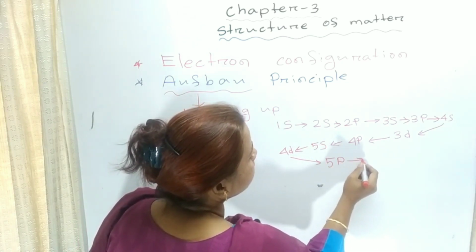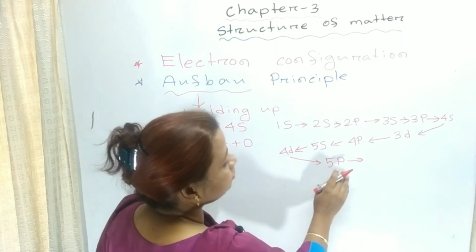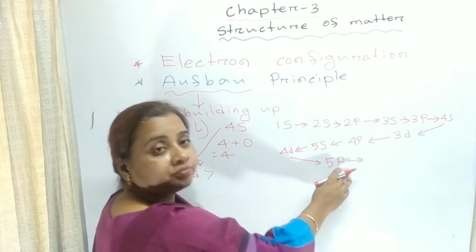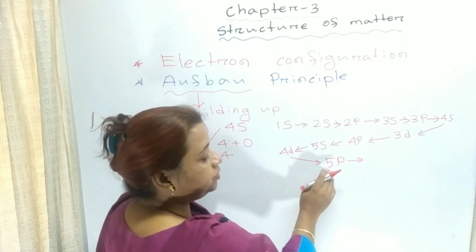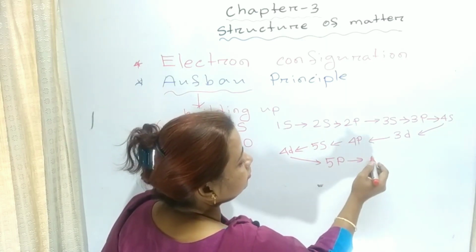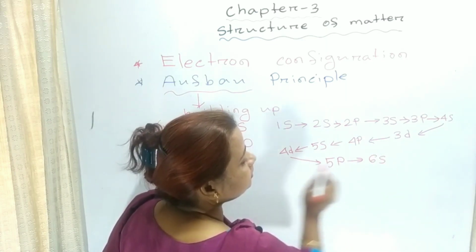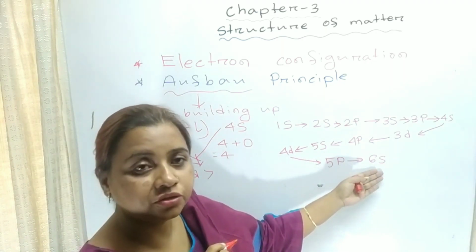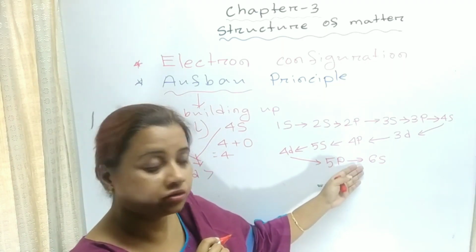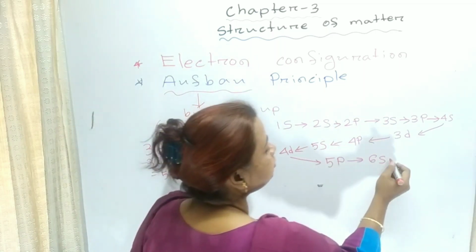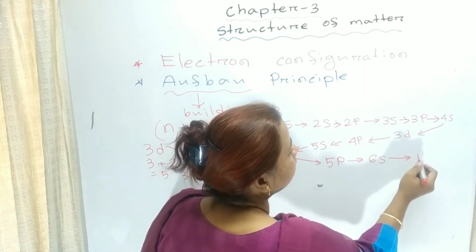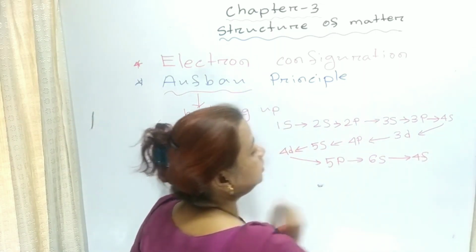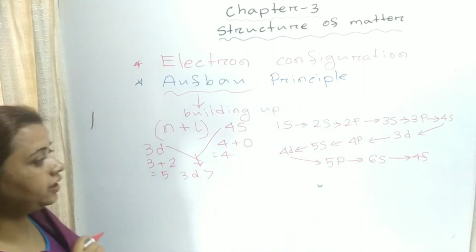After 5p electrons will enter into where, can you say? After 5p electrons will enter into 6s. Then after 6s, what do you think? After 6s electrons will enter into 5d orbital? No. After 6s electrons will go to 4f orbital. Is this clear to you? Okay.